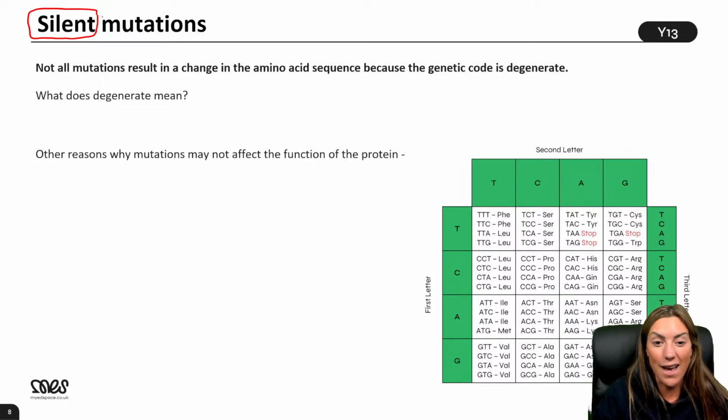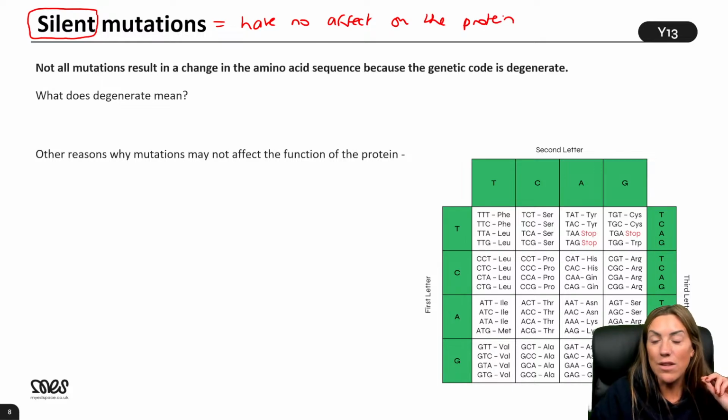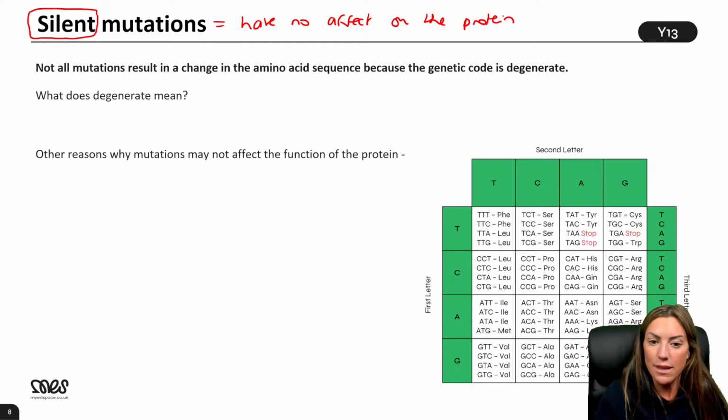It has no effect, okay? So not all mutations result in a change in the amino acid sequence. And silent mutations have no effect on the protein. Basically, even though there's been a mutation, the protein can still function. It still works. It's still fine.